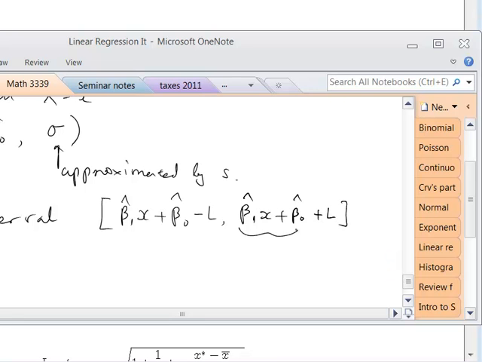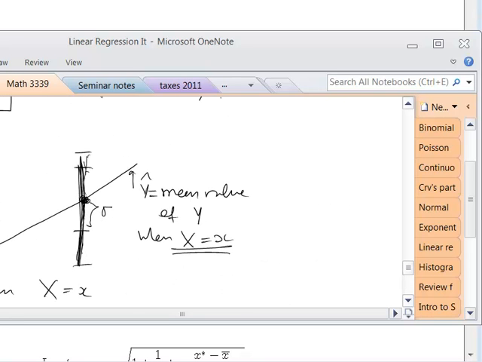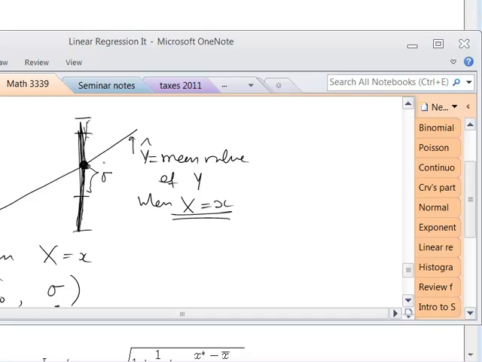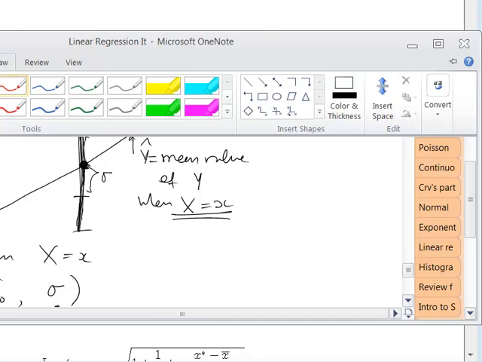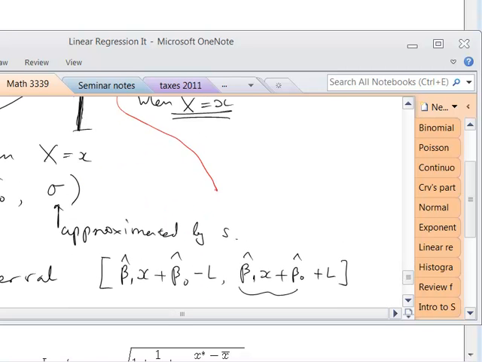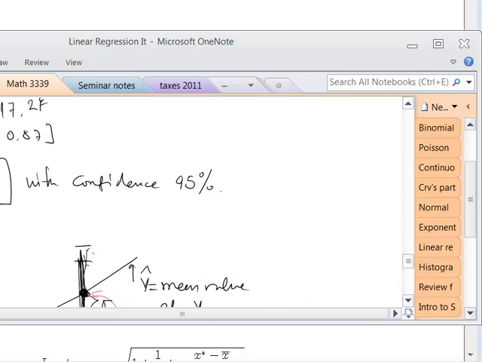This value is what I pointed at in this particular value, this one. So let me just draw it. That's the value. And the width is the L.